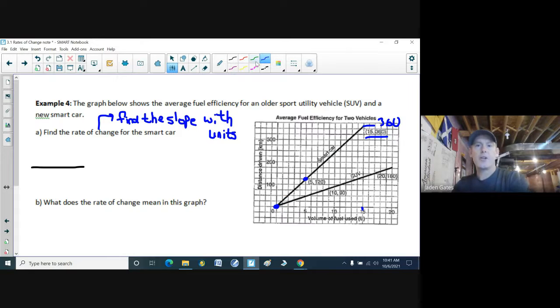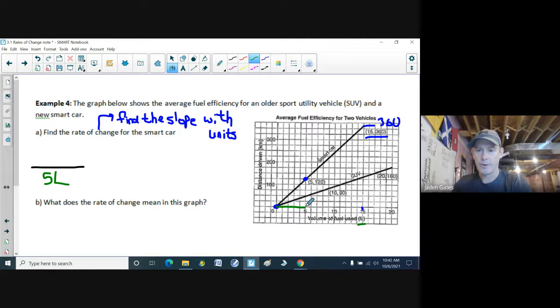Okay. I can use that point, and let's use the 0 point down here. And so again, using rise over run, go from 1 point to another. I move over. Actually, these blocks are worth 1 each on the x-axis. So 1, 2, 3, 4, 5 over. Now, again, when we're finding the rate of change, we need the units. And this is on the x-axis here, volume of the fuel used in liters. So 5 liters was used.